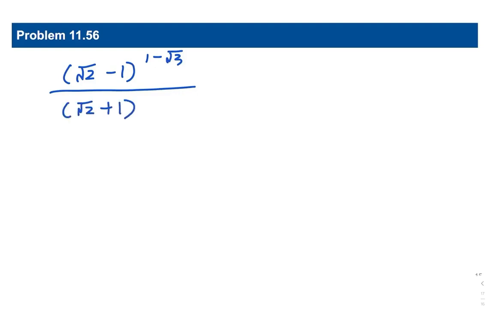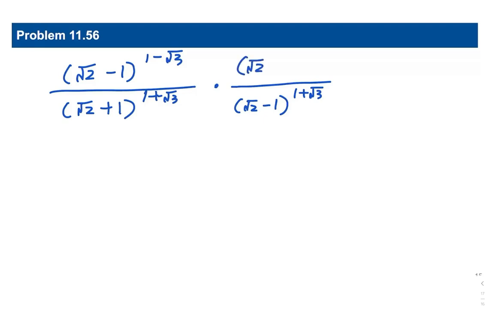Simplify the expression square root of 2 minus 1 to a power 1 minus square root of 3 divided by square root of 2 plus 1 to a power 1 plus square root of 3. We need to rationalize the denominator. We multiply the denominator by square root of 2 minus 1 to a power 1 plus square root of 3.